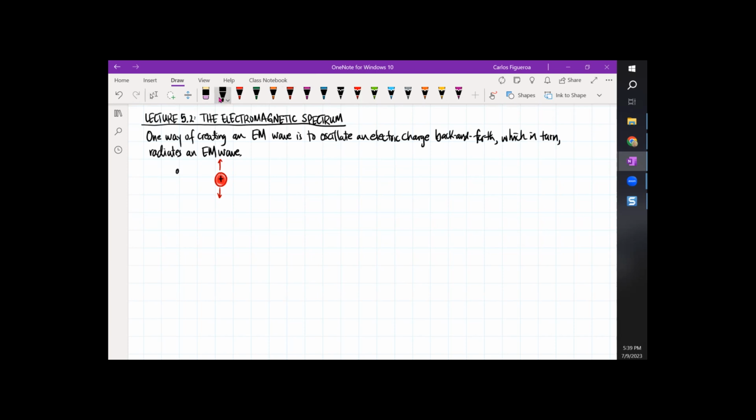In other words, I have an oscillating charge. And as a consequence, it spontaneously emits, it radiates an electromagnetic wave.